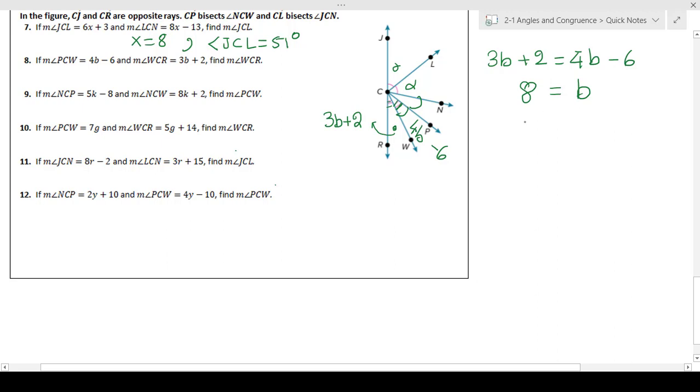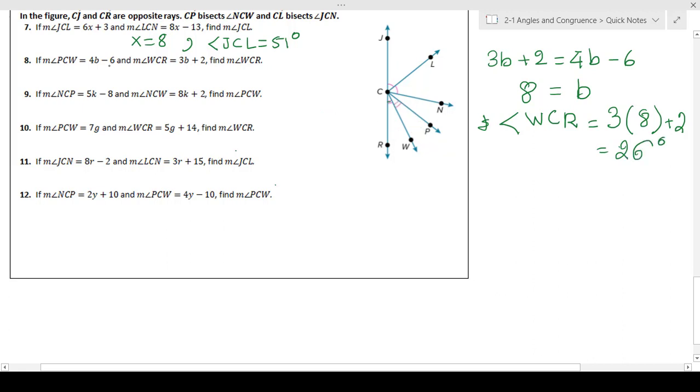My B is equal to 8. And he wants this angle, WCR, which is equal to 3 multiplied by B, which is 8, plus 2. And this is equal to 24 plus 2, which is 26. Then here, my B is equal to 8, and my angle WCR is equal to 26.